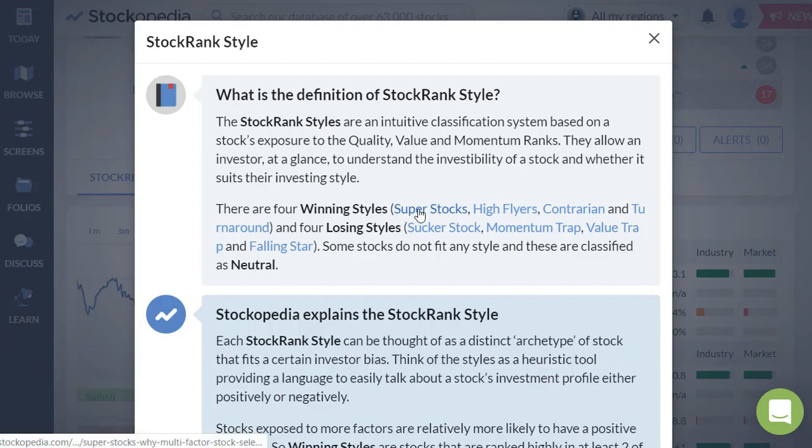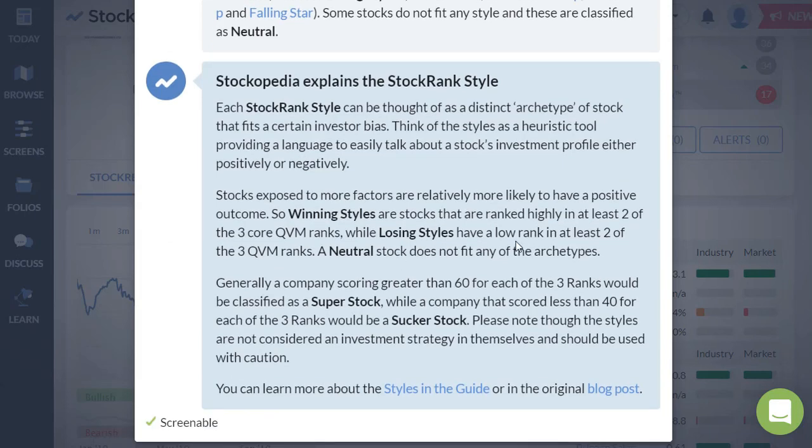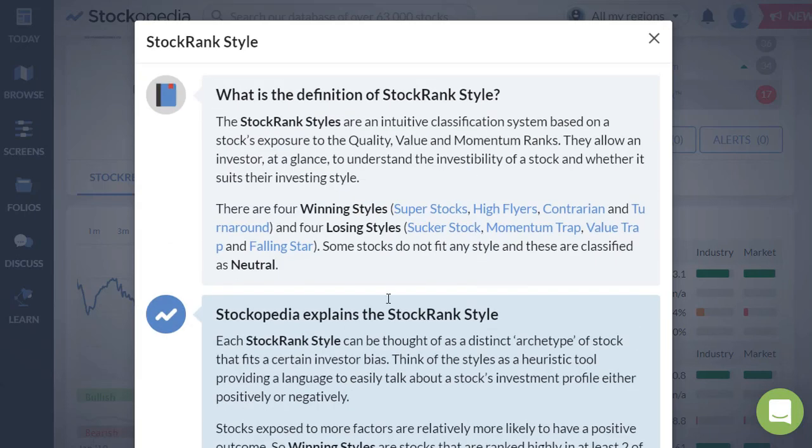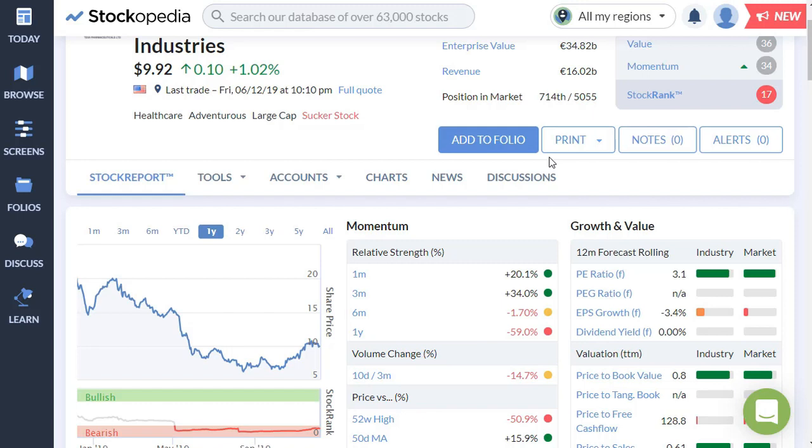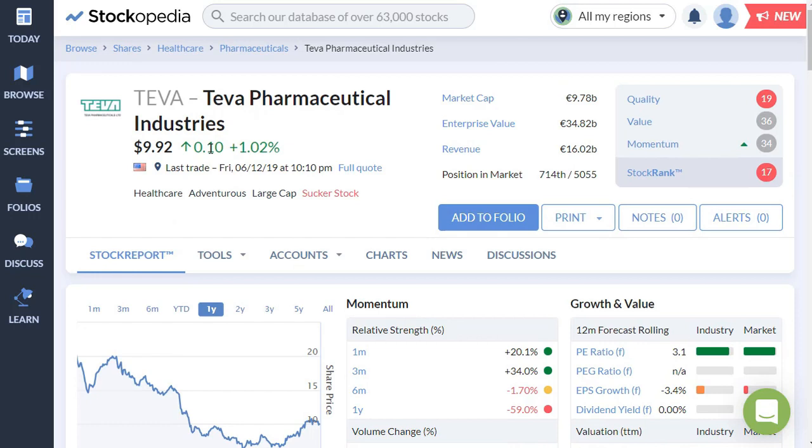There are some winning styles, that is super stocks, high flyers, contrarians, and turnarounds, and then there are 4 losing styles: sucker stocks, momentum traps, value traps, and falling stars. And they have a lot of statistics as to how they do too. So this is definitely not a stock you want to own, unless of course you believe in the case and believe that there are some values in here that no one has ever seen before.